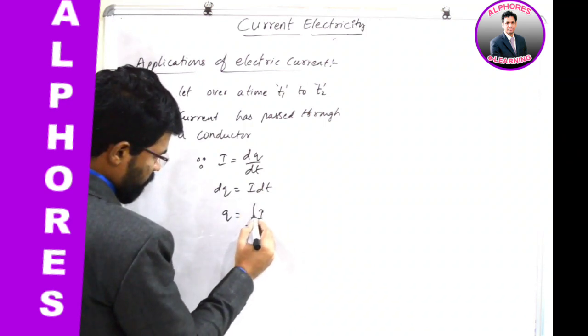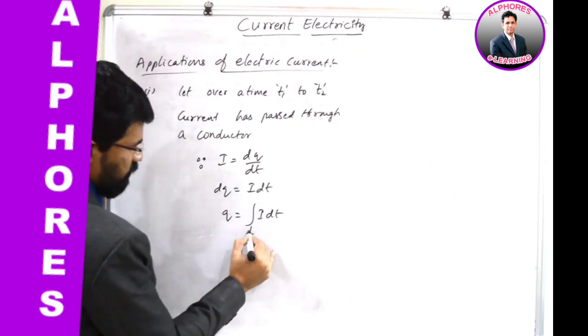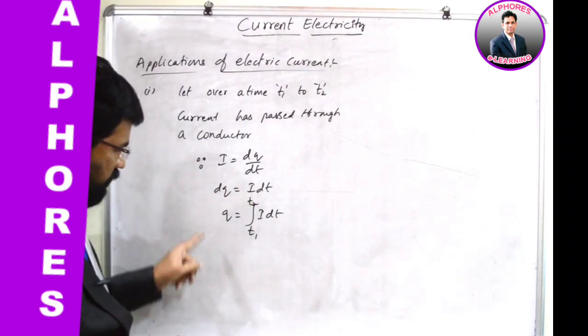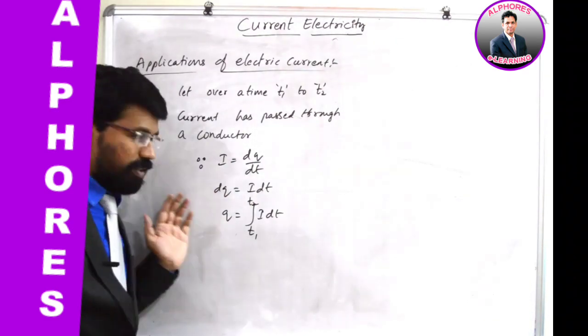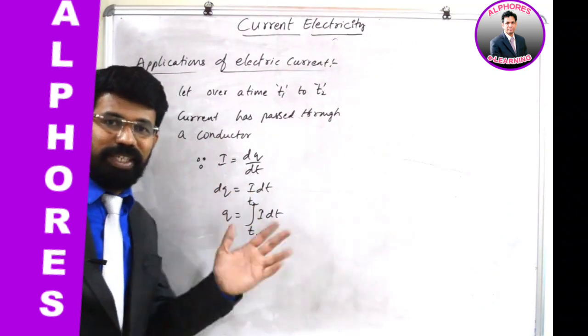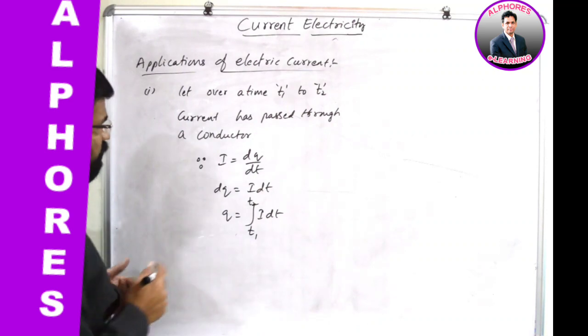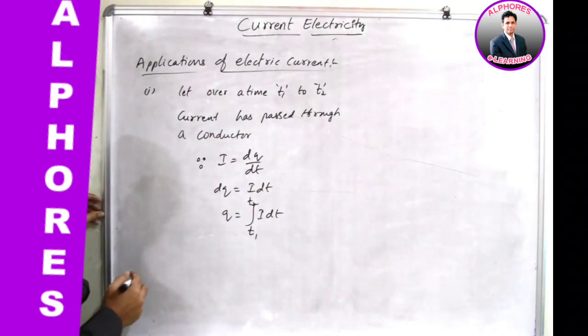On the RHS you will have integral I dt, and what are the limits? T1 to T2. So this particular equation gives us the total amount of charge that was transported through the conductor from time t1 seconds to t2 seconds. This is one application. There are questions based on this equation.